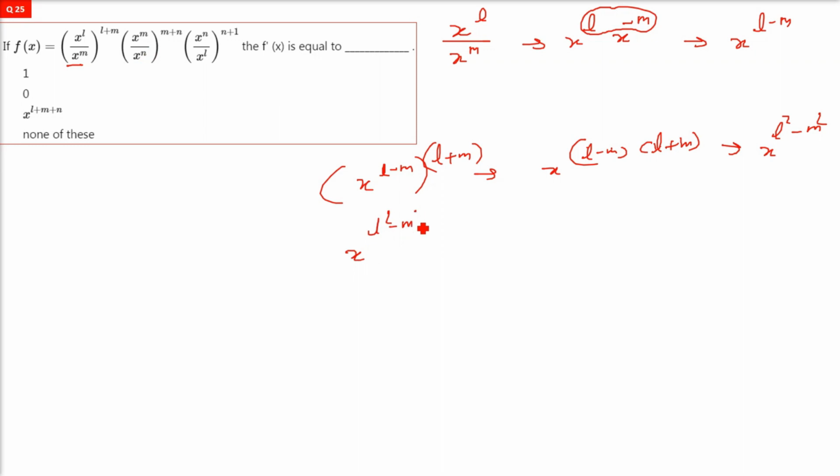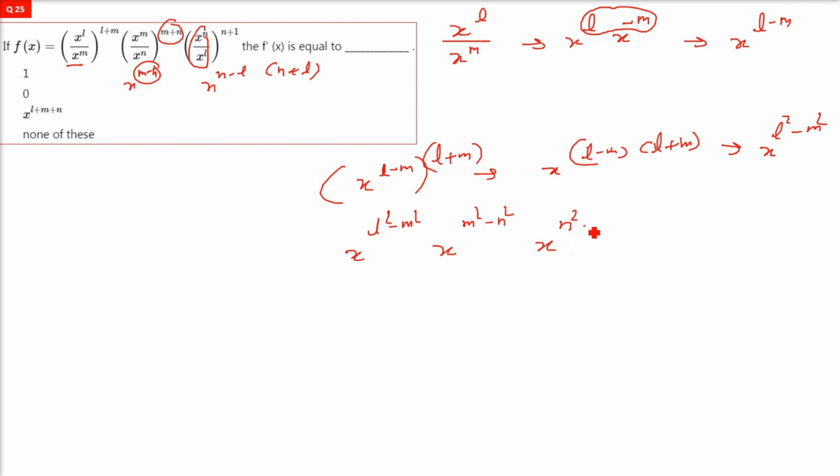Now the same thing for the others. x to the power m minus n, and we have m plus n also. So x to the power m plus n into m minus n, that is m square minus n square. Similarly, we have x to the power n minus l, multiplied with n plus l. So n minus l into n plus l will be n square minus l square.